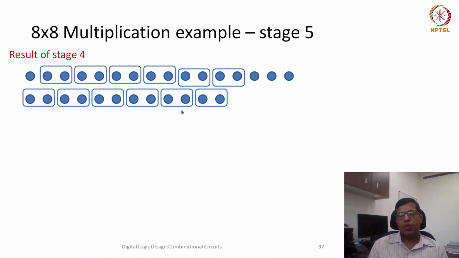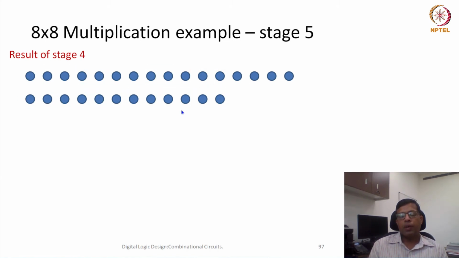So after stage 4, now this is essentially the last stage. In this last stage, we will not use a carry save adder, but propagation has to be done. So for example, addition of these 2 bits would be giving carry to this addition, and similarly addition of these 3 bits would be given as an input to this addition.